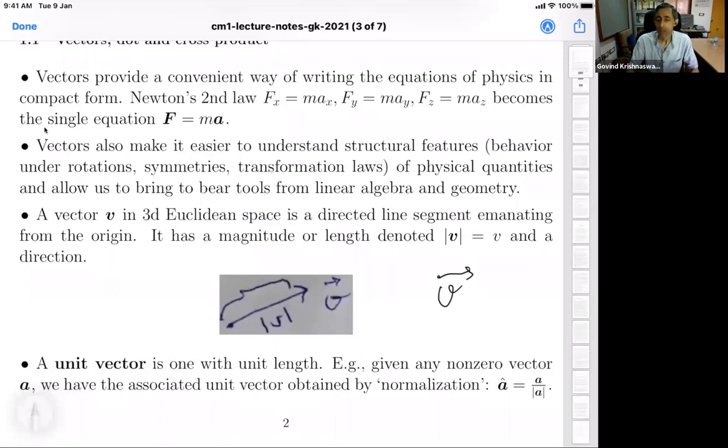So this one points roughly towards, let us say, Tripura or something like that. And the length is what is indicated. We will redefine what we mean by a vector or further elaborate on this later on, but this is not a bad definition, in fact.